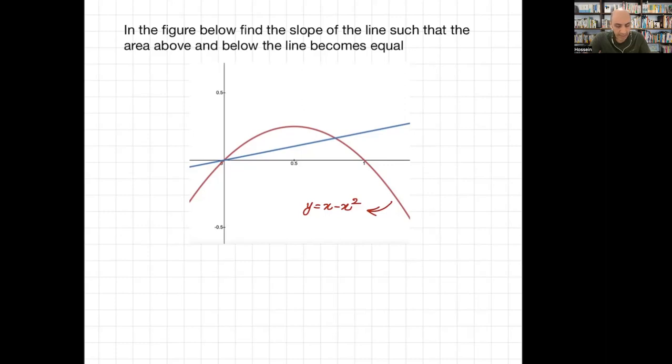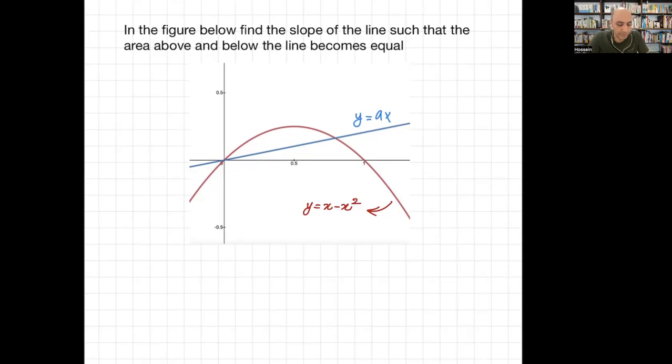So it means that, let me show it on the graph. We wanted to find the slope of this line, assuming this line is y equal a times x. A is the slope of the line, which is unknown.